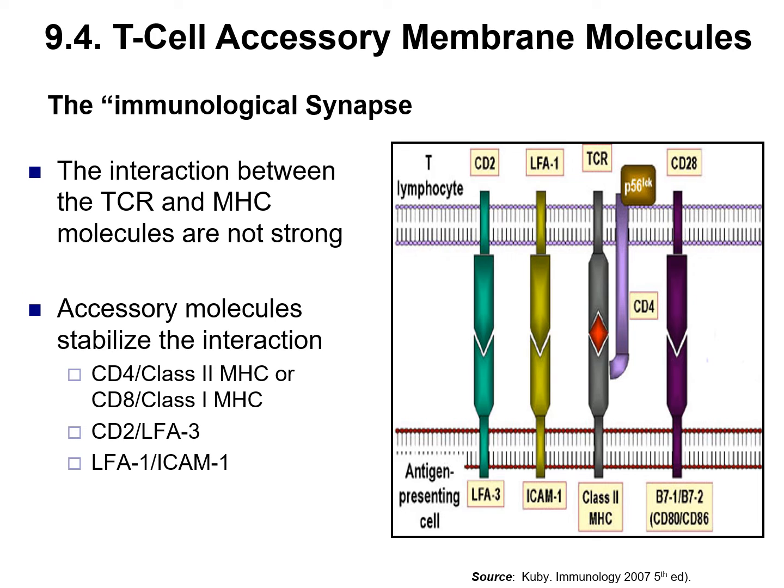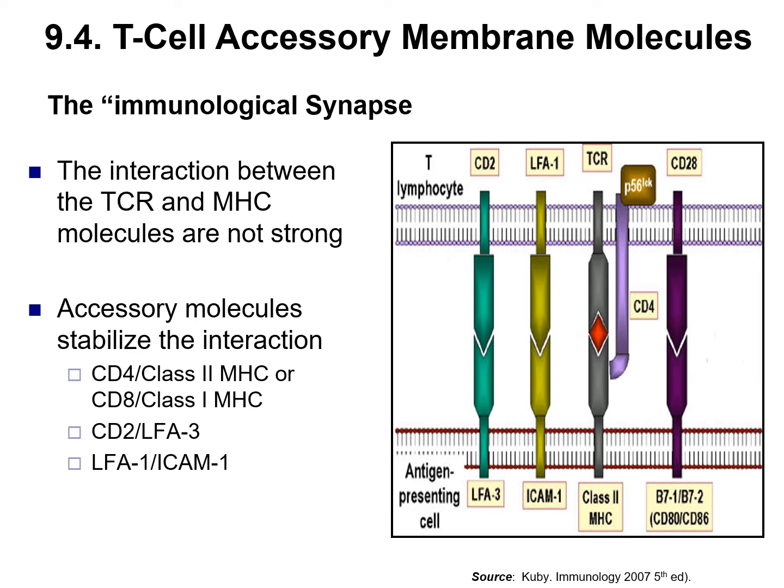Then we have the so-called immunological synapse. If you remember in physiology, a synapse is the interaction between the nerve cell and the muscle cell, like a communication pathway. In this case, when we say immunological synapse, we are talking about the T cell receptor and the major histocompatibility molecules.